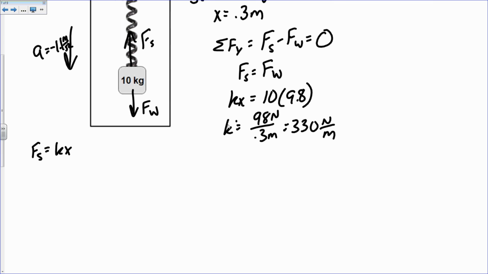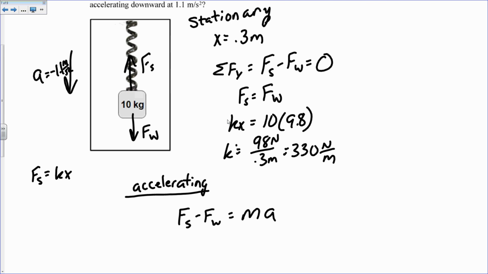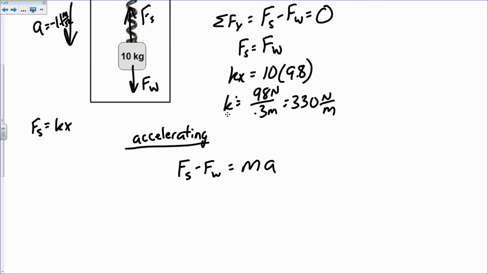And now I can look at the accelerating frame. And I get Fs minus Fw equals the mass times the acceleration. And what am I looking for? x. I'm looking for x. kx minus mg equals ma.